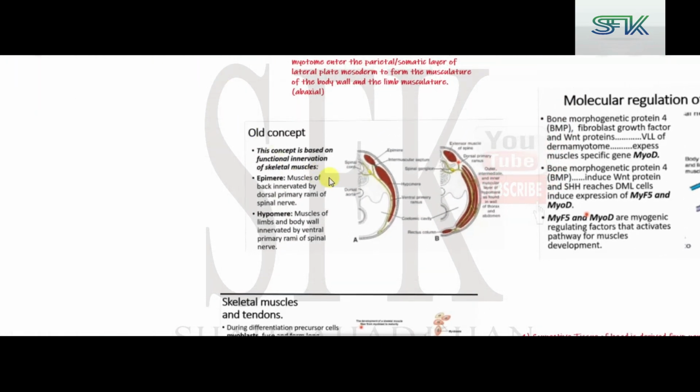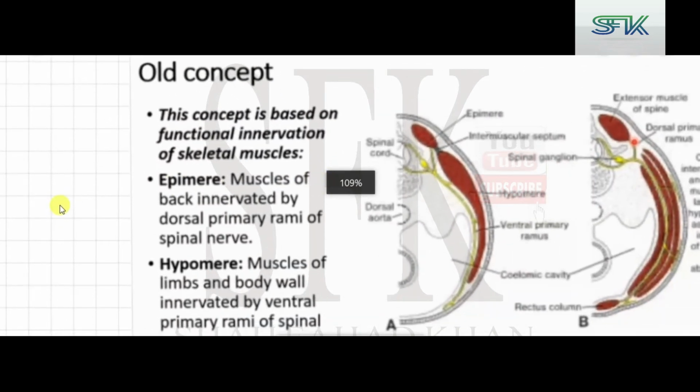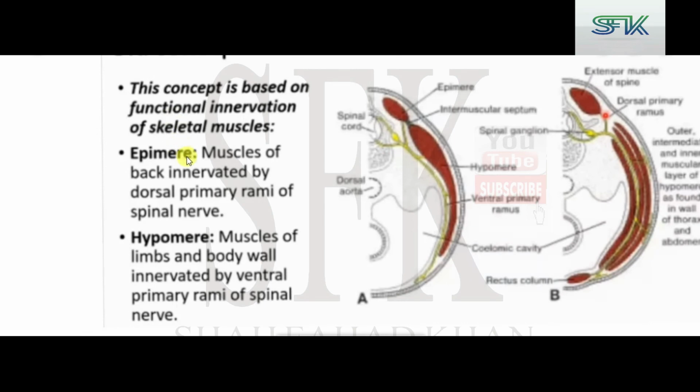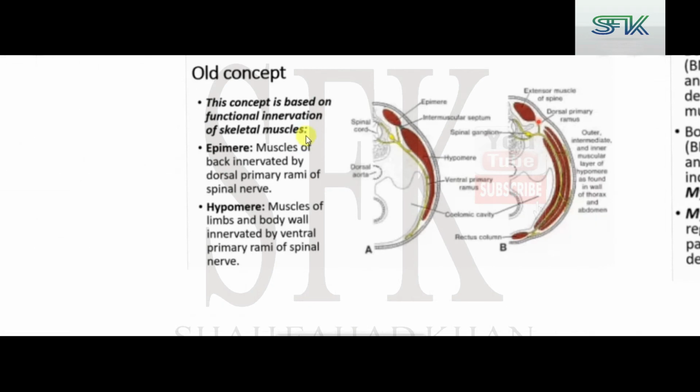Now coming to the old concept. The old concept is pretty simple. It's just two lines that you need to understand. It's based on the functional innervation of the skeletal muscles. You know that the spinal nerve innervates both the front side of the body, the ventral side, and the back side of the body, the dorsal side, the muscles on the ventral and on the dorsal side.